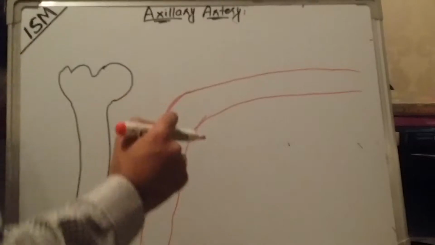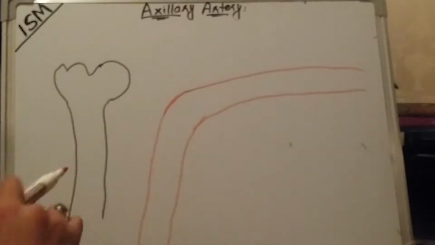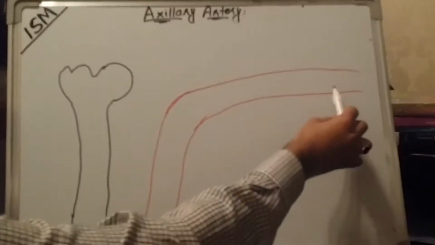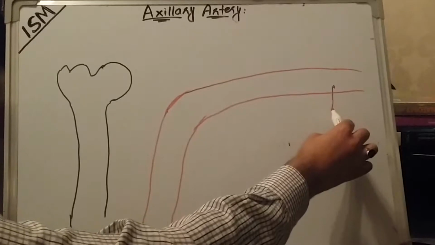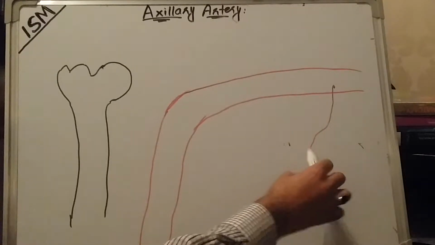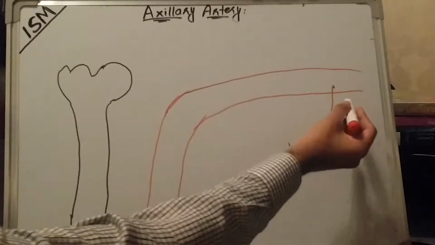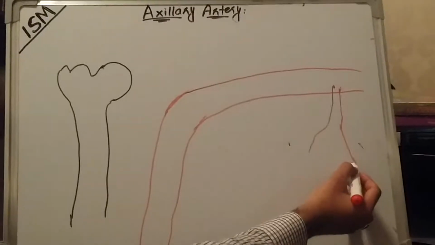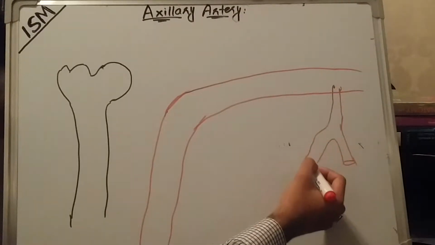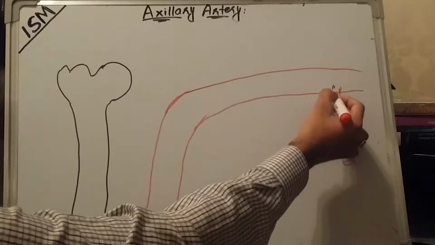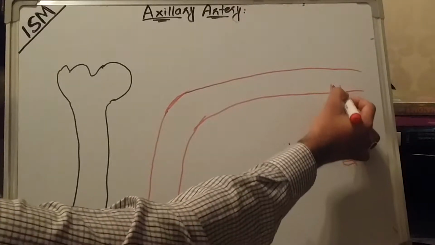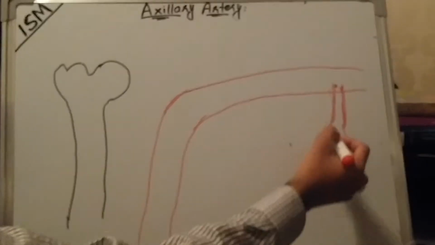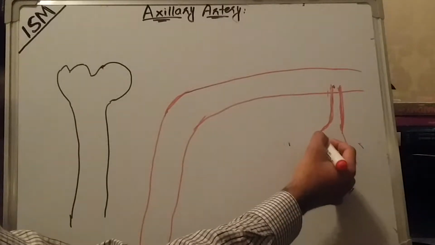The first branch originating from the first portion is the superior thoracic artery. Here the branch rises up and bifurcates. Thoracic, as the name suggests, means it provides blood to the thorax region of the body, the thoracic cavity.